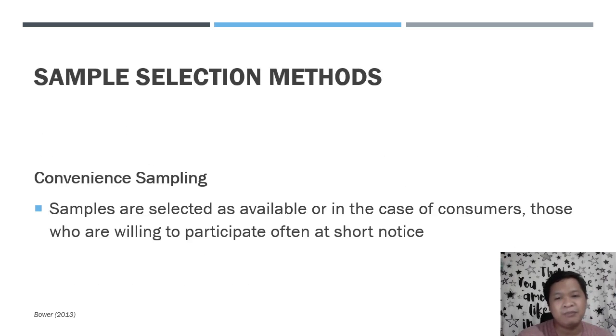For convenience sampling, so similar to non-probability sampling, yung mga disadvantages niya. Okay. In short, sa sensory evaluation, madalas ganito yung nangyayari kasi since voluntary siya, within that population you are looking at, only those who are willing can be taken in.